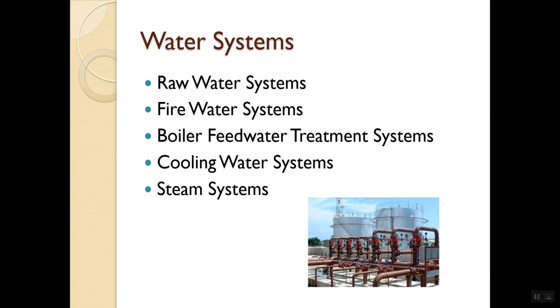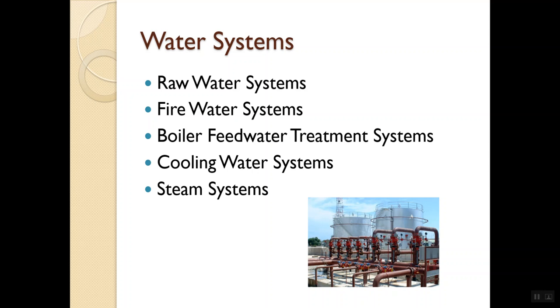Fire water systems. Fire water is fire prevention, basically. They're sprinklers. They're to put fires out or control or maintain fires. So they're separate. We don't usually treat that water very much. We just have it on reserve, usually around 100 psi, put into lines, and ready to go. We usually have backup power for that.